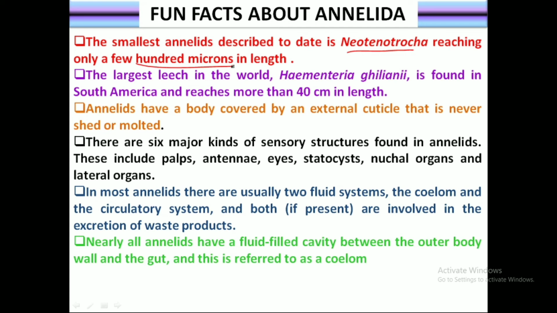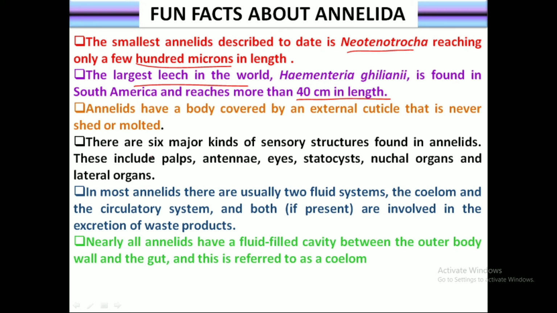So we have a great variation in the size of annelids. The largest leech in the world has been reported from South America, and the species is Haementeria, which reaches more than 40 centimeters in length.